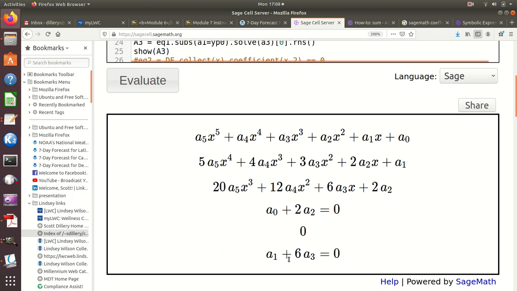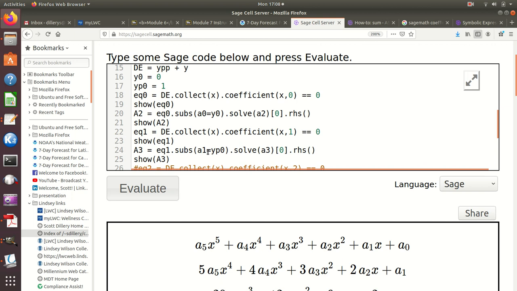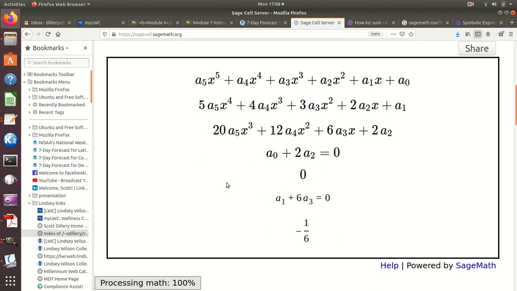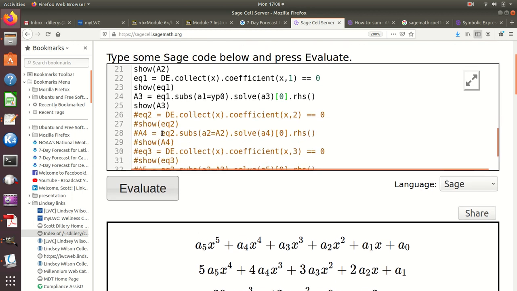Again, I see I need to solve for A3 in terms of A1, so I needed to sub in A1 into that, but A1 was y prime 0, and again I solve for A3, and the 0 right hand side stuff will always do, and then I show my A3. And just like we had before when I did it by hand, we get minus 1/6 for A3.